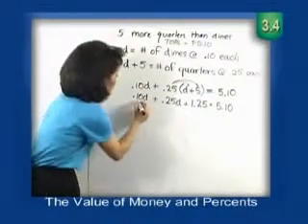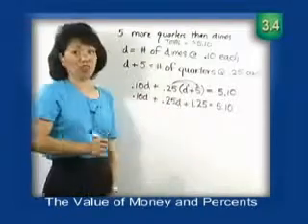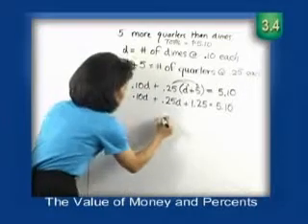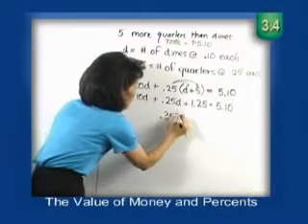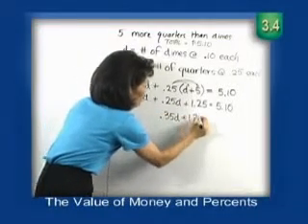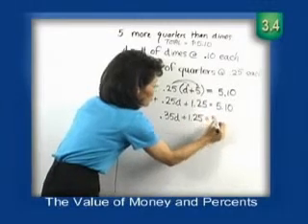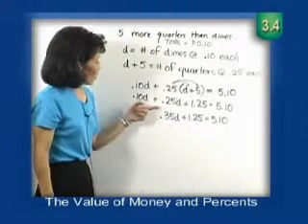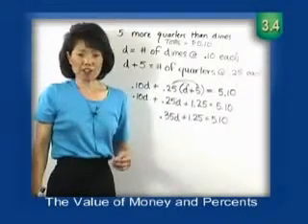So this gives me 0.10D plus 0.25D, which gives me 0.35D plus 1.25, and that's equal to $5.10. Again, this is a result of adding 0.10D plus 0.25D.